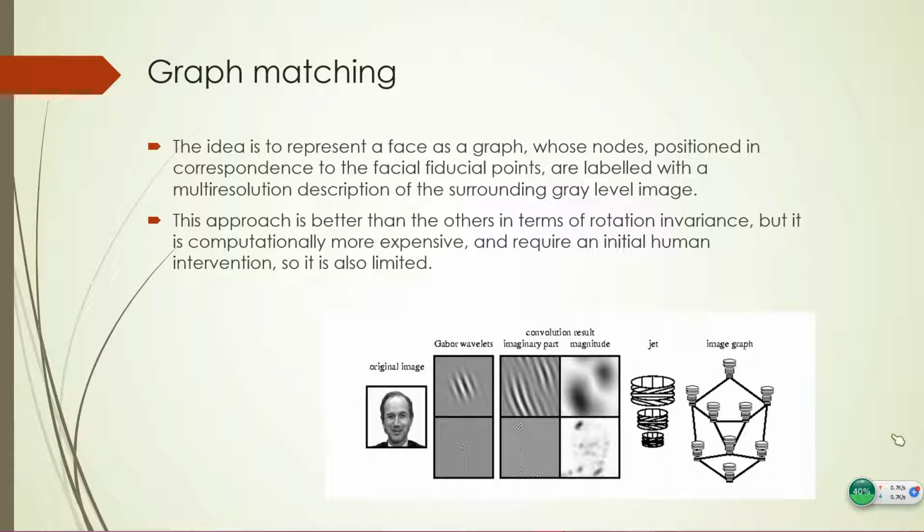We have an original image, and then we use this method. We transform this original image into a graph, with the nodes positioned in correspondence to the points, and each face feature in this graph corresponds to a point.